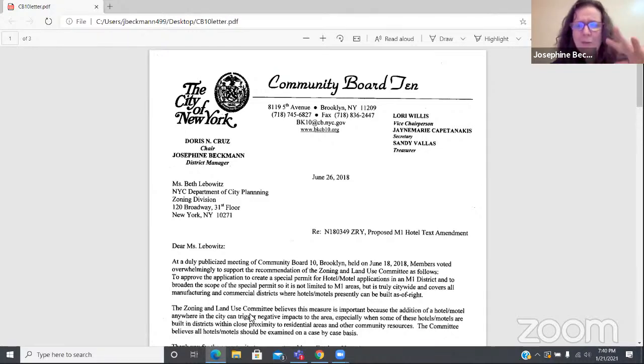You'll need an EIS. It won't happen. But they didn't say that this was kind of in the works. So I think there were a lot of community boards in 2018 that shared our viewpoint that it shouldn't just be limited to the M1, that it is important to have community dialogue in the development of hotels for a host of reasons.